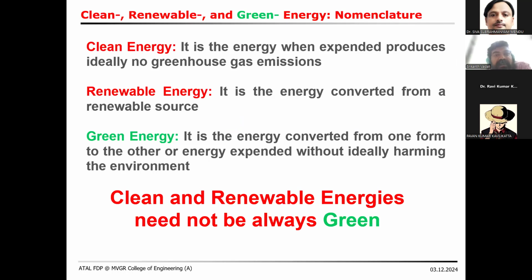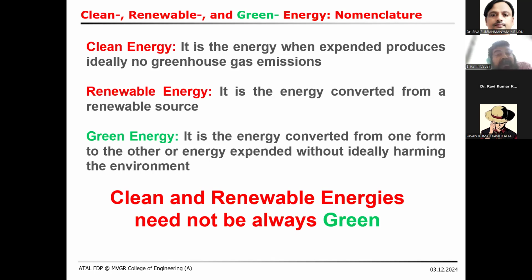Clean energy is the energy which, when expended, produces ideally no greenhouse gas emissions. The best example is solar energy. When it is converted into electrical energy, there are no greenhouse gas emissions. Therefore, solar energy can be an example of clean energy.